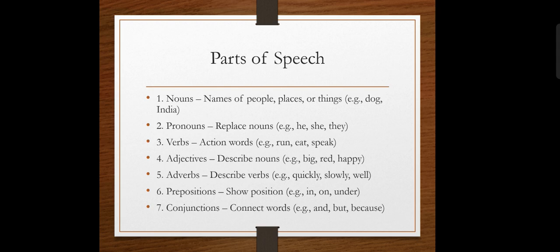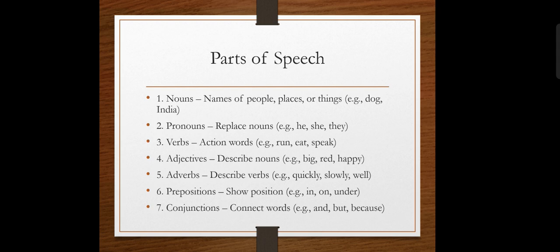Noun is the name of a person, place or thing. And we have pronoun. Pronouns are words that are used instead of nouns: he, she, it, they, etc. And there are verbs. Verbs mean action words, which involve action: run, jump, eat, teach, learn, etc.